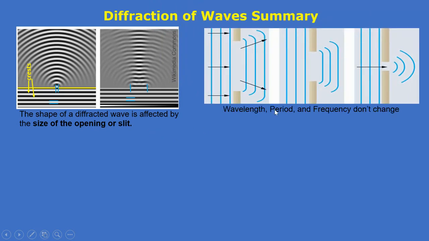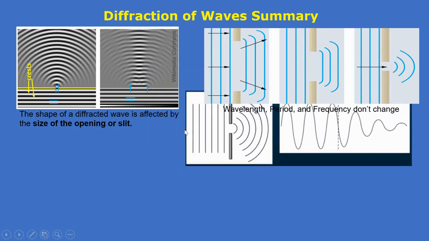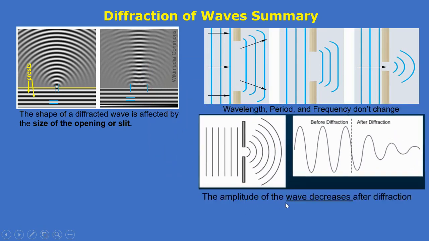Another cool feature is that wavelength, period, and frequency don't change during diffraction. However, the amplitude decreases because the wave loses energy to its surroundings. So the amplitude is related to wave energy.